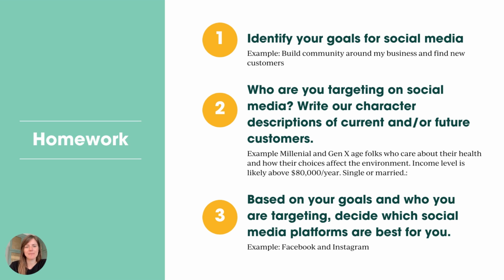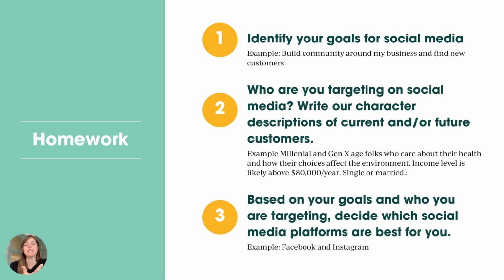The second homework assignment is for you to write down those character profiles that I was talking about. So who you're targeting on social media. I want you to write full descriptions of whether they're your current customer or your future customer. I did put an example here: millennial and Gen X age folks who care about their health and how their choices affect the environment. Income level is likely above $80,000 a year, single or married, stuff like that.